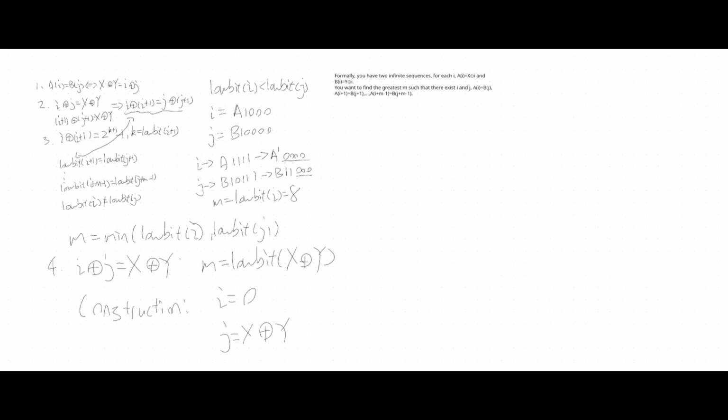We can pick I as 0 and J as X XOR Y. Then the M that we can get is the minimum of the low bit of I and the low bit of J. Because the low bit of I is infinity and the low bit of J is the low bit of X XOR Y, the M value in this case is the low bit of X XOR Y. So from this construction, we can see that M can be the low bit of X XOR Y. Now I'll prove that it's impossible for M to exceed this value.